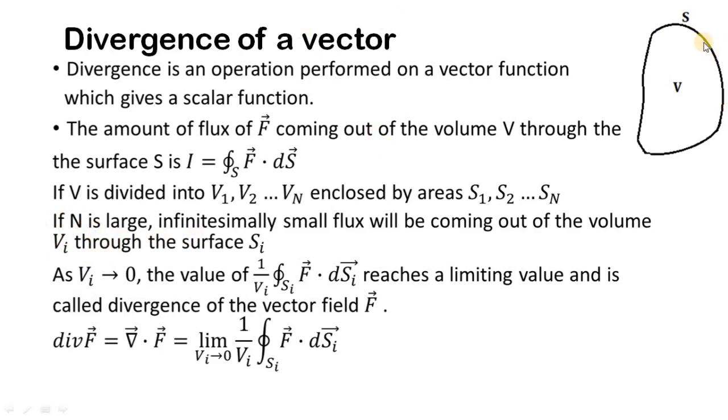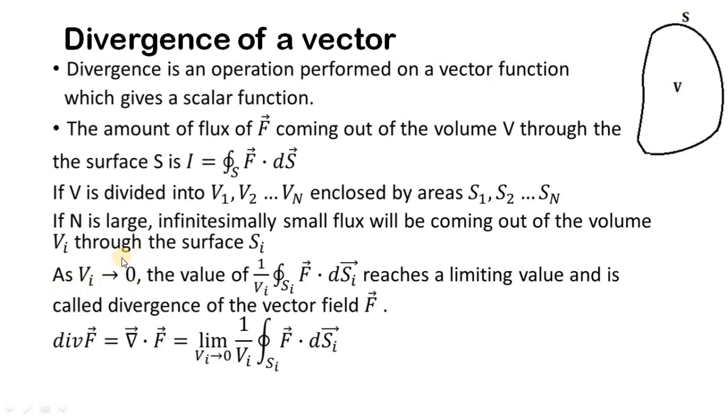That means if we divide this entire volume into a large number of parts, then the volume of each part becomes very small. Infinitesimally small amount of flux will be flowing out of the volume Vi through the surface Si.